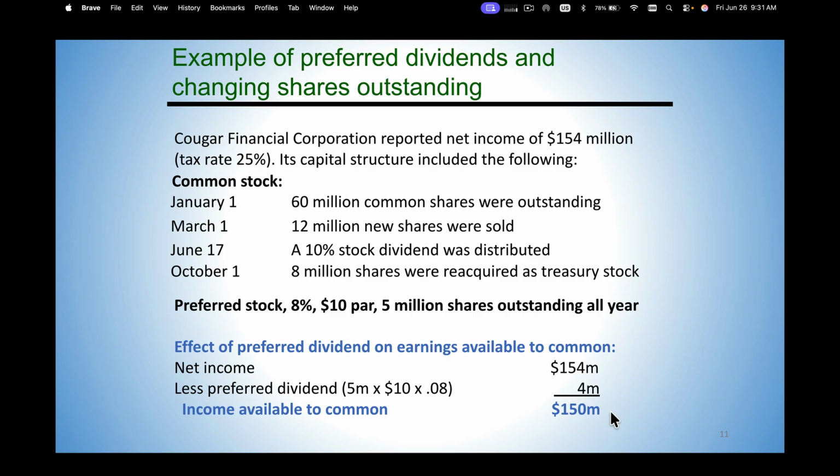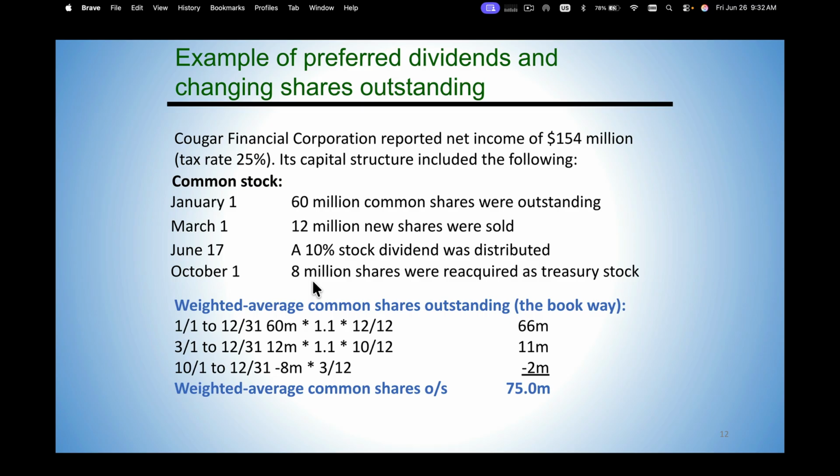Now let's do the weighted average shares outstanding. Notice that we have this 10% stock dividend on June 17th. That is after January 1st and March 1st when we issued new shares, but before the October 1st one where we reacquired treasury stock.